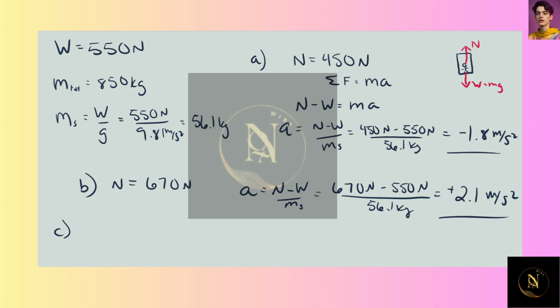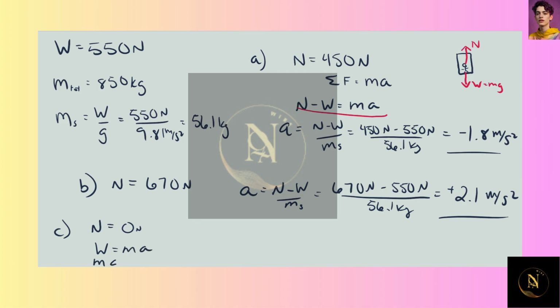Then in part C, they ask why the student is in trouble if the scale now reads 0 newtons. That means our normal force equals 0 newtons. So if we look back up at this equation, if the normal force is equal to 0, then the weight is equal to the mass times acceleration.